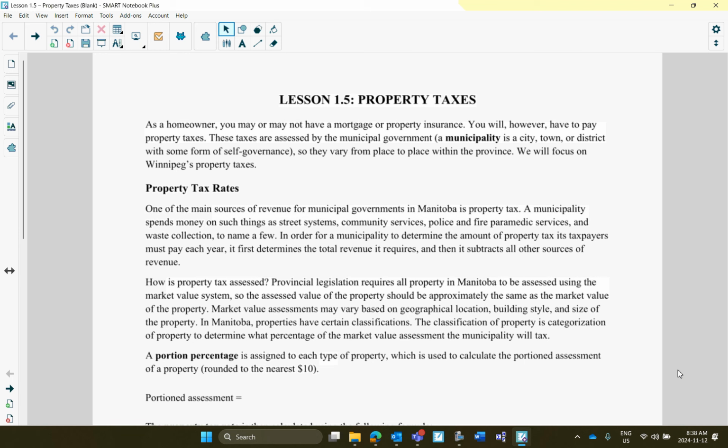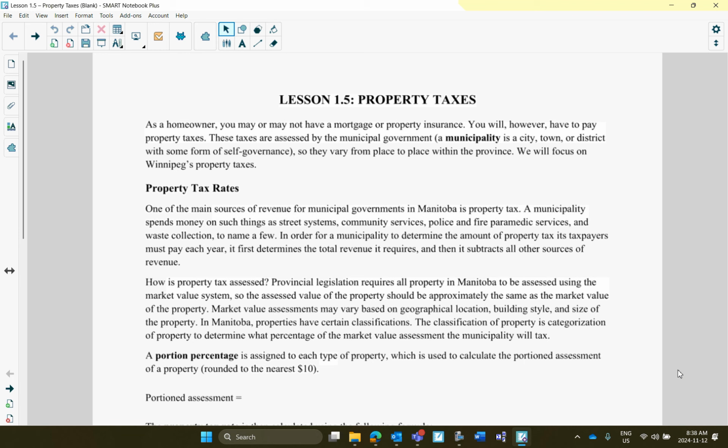Okay, so when you live in a city or a municipality, which is the fancy name for a city, a town, or a district, they have to collect money in order to sustain the municipality.